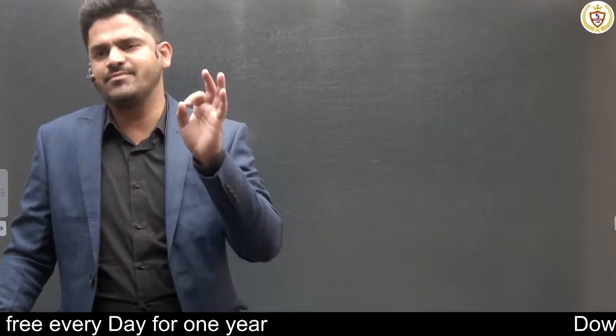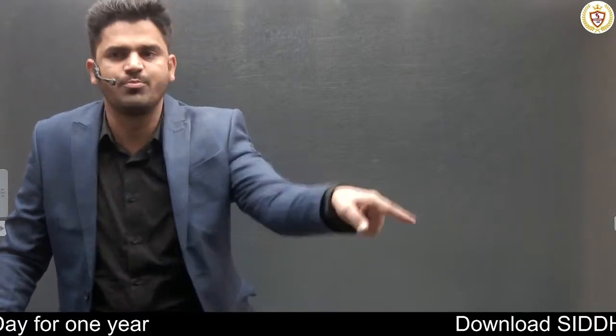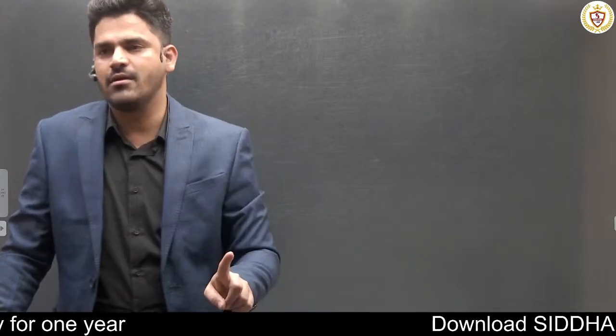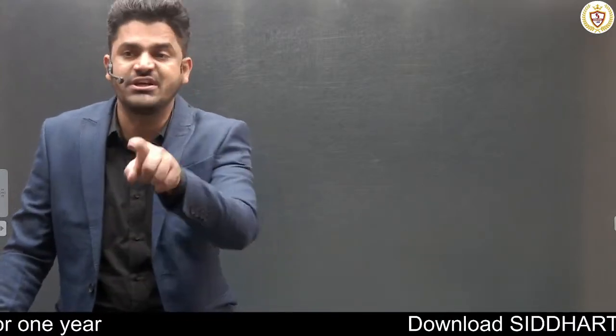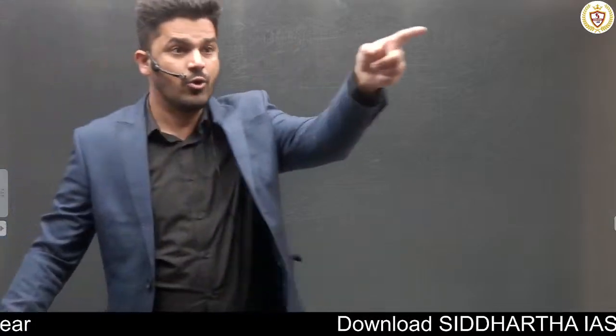If fundamental rights of the individuals are violated, then individuals can directly approach the Supreme Court, not necessarily by way of appeal from the judgment of high courts. So if your fundamental rights are violated, you can directly go to the Supreme Court. But when it comes to other constitutional rights, you cannot directly approach the Supreme Court.